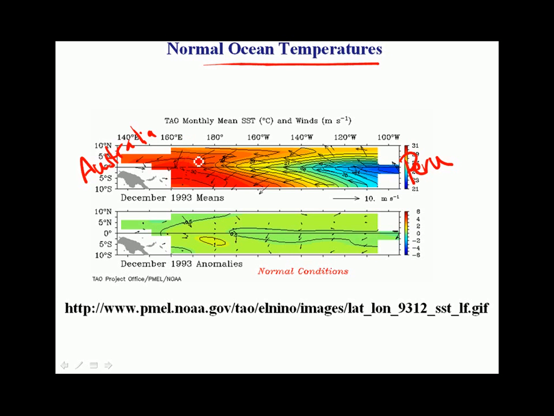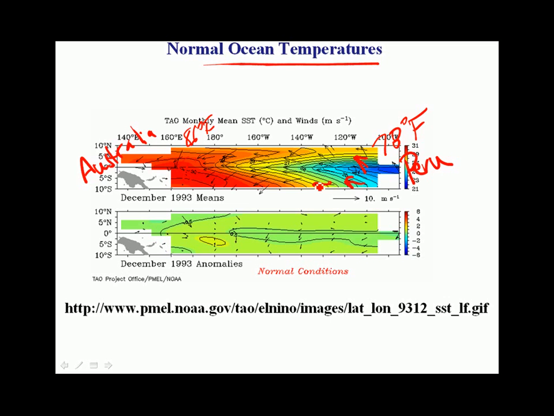So we have water temperatures of 86 degrees Fahrenheit on average during a normal type of situation, and here, like I said, about 78 degrees. So under normal conditions, the eastern equatorial Pacific is some 8 to 9 degrees cooler than the western Pacific.